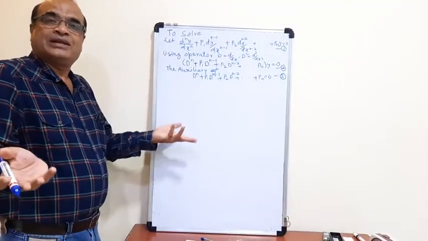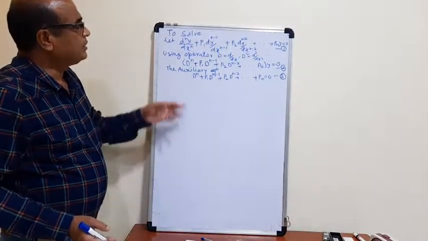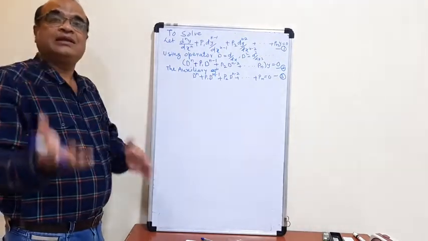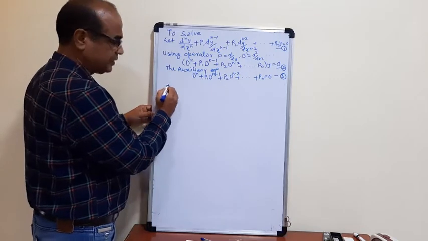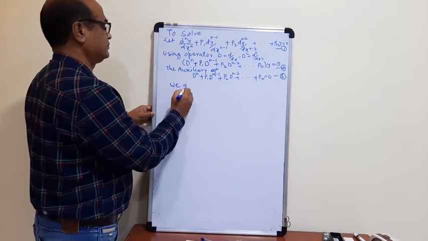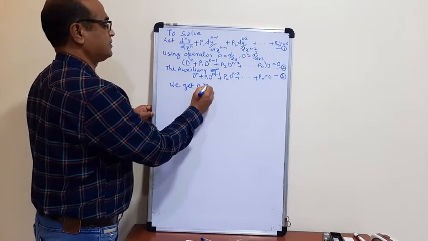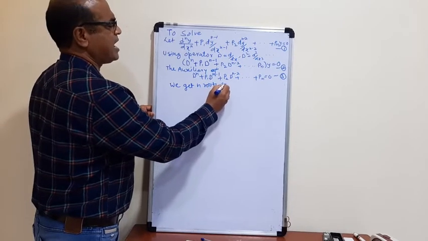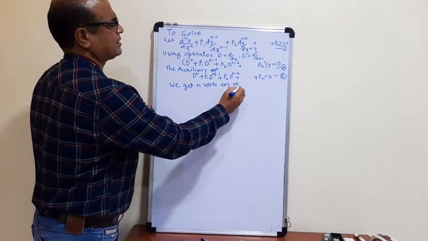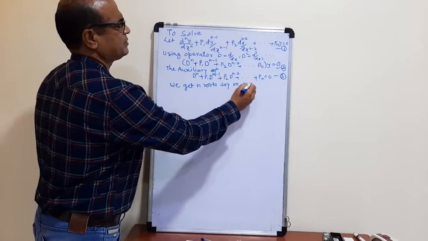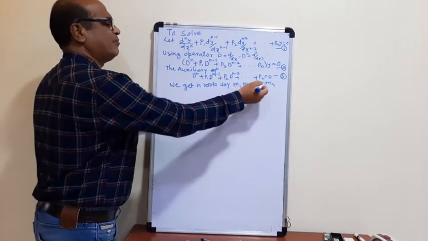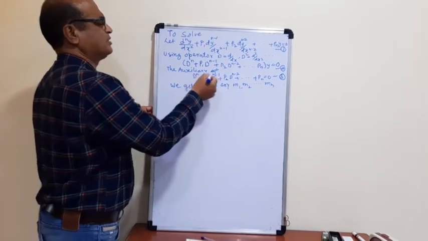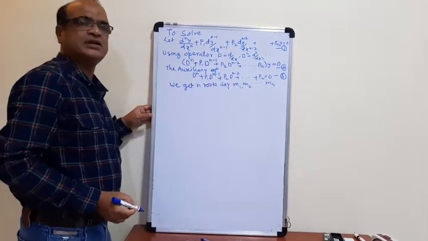So by the fundamental theorem of algebra, if the equation has degree n, then it has n roots. So we get n roots, say m1, m2, up to mn. These are the n roots of this auxiliary equation.